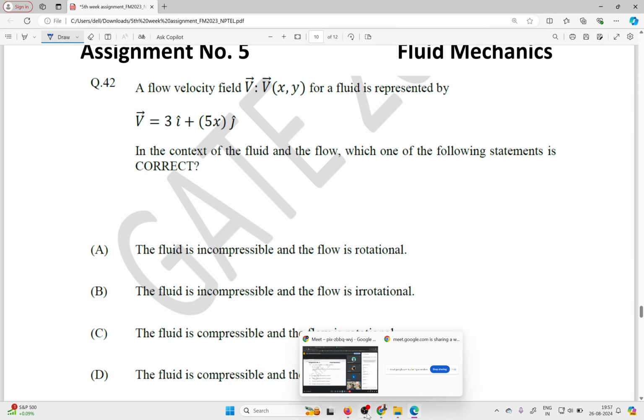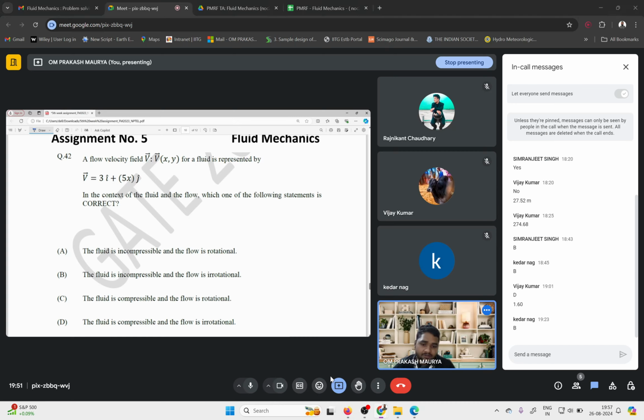Within 1 minute, if you are able to give the answer, or 2 minutes, I will give you. After 2 minutes I will discuss. You have 2 minutes. Yes, slope means bed slope I am talking about, that is the longitudinal slope of the river bed.